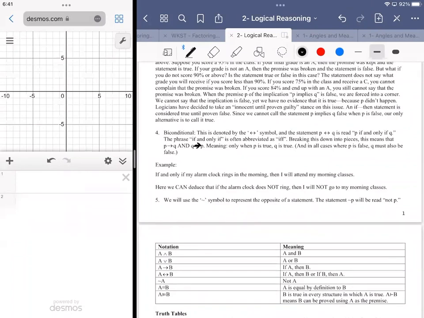This is why we're going over this: when I say prove that this geometric figure is a square, or explain why this geometric figure is a square, students write it in their own way of just speaking, and oftentimes it's not logically sound.